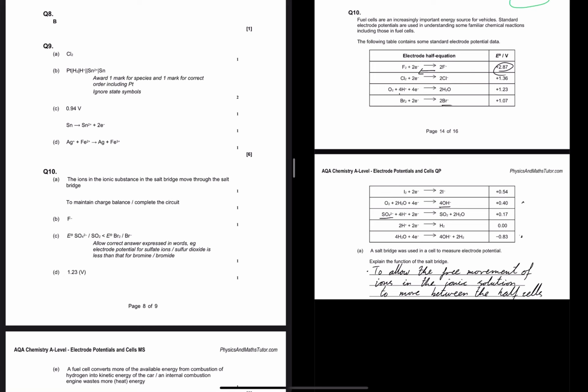The ions in the ionic substance in the salt bridge move through the salt bridge to allow free movement of ions between the half cells. I said so. I'd give myself a mark for that.